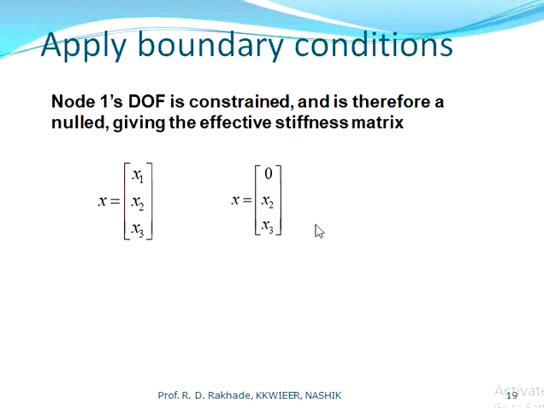Then we know the condition that the bottom end or bottom part is fixed, so there is no displacement. Due to that, x1 is considered as 0, and due to the force, node 2 and node 3 may have variation in displacement. So these are unknown for us, x2 and x3.